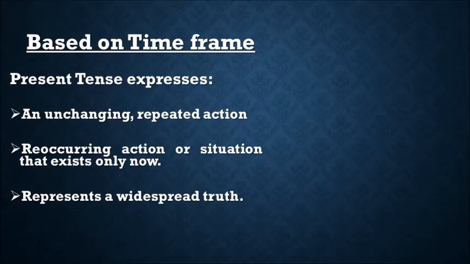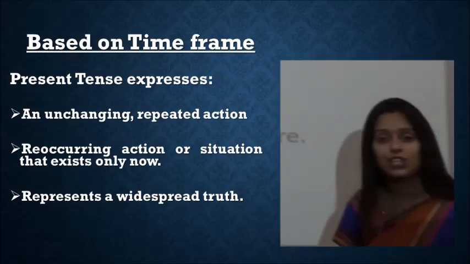It tells you about an unchanging or repeated action. Suppose I say, I wake up daily in the morning at 5 o'clock. That is my habitual action. It tells you about habitual actions or unavoidable circumstances, or sometimes actions that are universal truth.